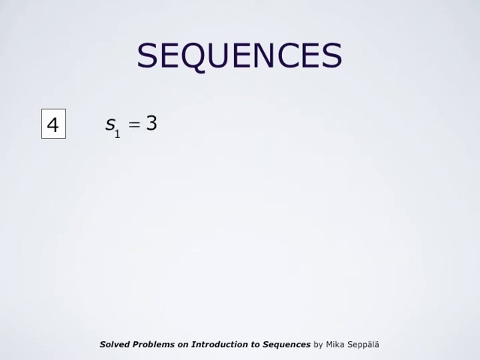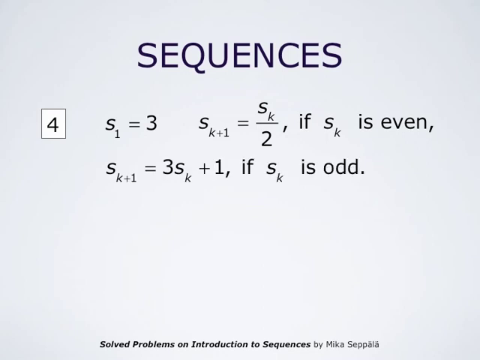So we start with s_1 being 3, and we have to compute the sequence s_k. So let us simply compute terms.